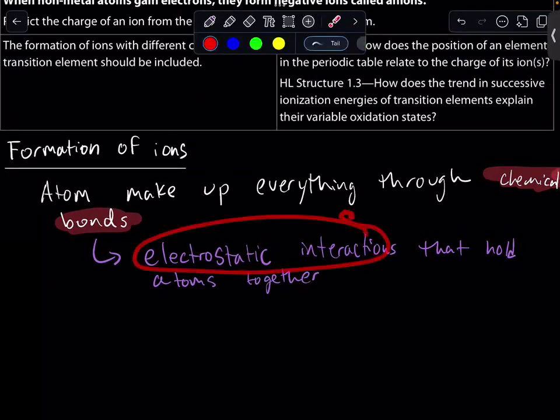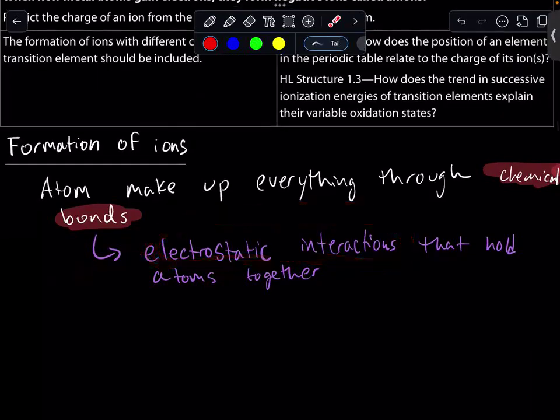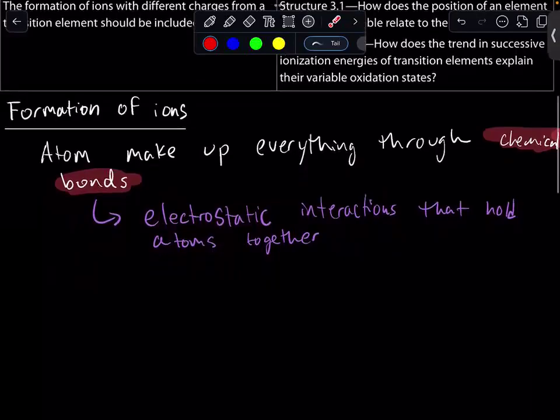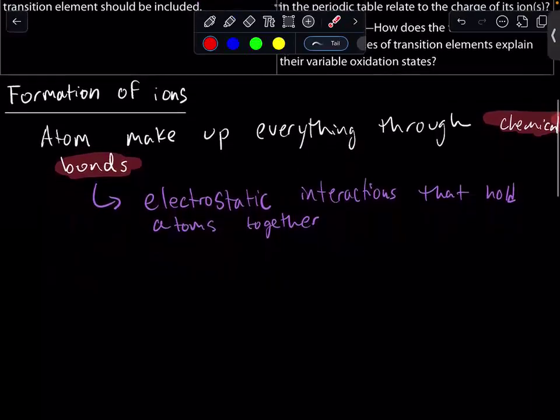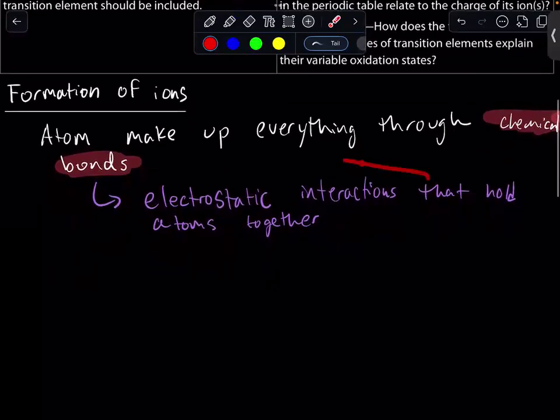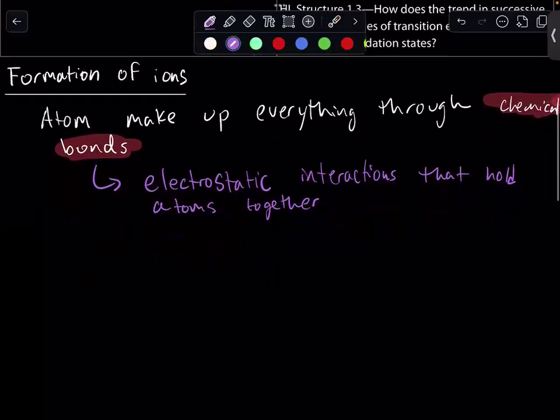It's all just positive nuclei and negative electrons interacting with each other, or even positive nuclei and positive nuclei interacting, or negative electrons and negative electrons interacting. You can kind of break everything we go through ever into these interactions: chemical reactions, bonding, ionization, electron affinity. It's all the same idea. So you should just keep in mind, you're always looking for how these charges interact.